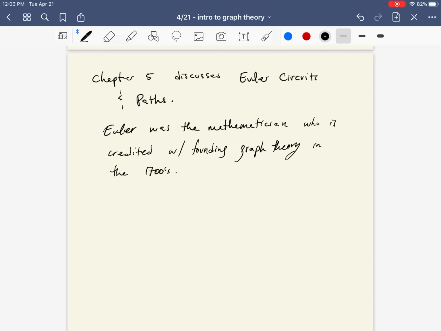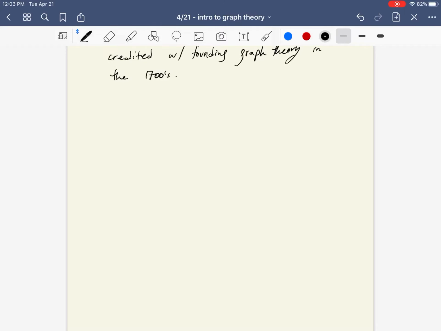And so we're going to talk about the original example. So the motivating example, this is a problem called The Bridges of Königsberg.